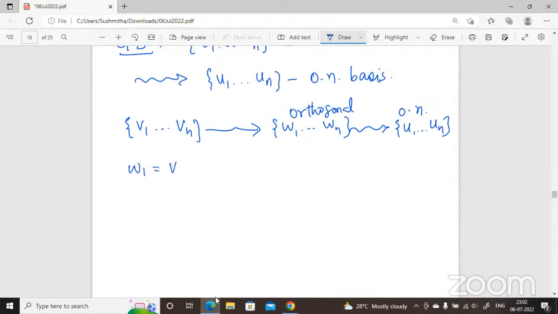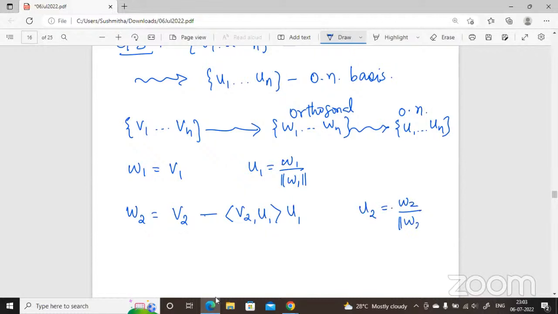So W1 is V1. This is already orthogonal, so to make it orthonormal, I just have to divide by the norm: U1 is W1 by norm of W1. W2 is V2 minus the projection of V2 on U1, in the direction of U1. And U2 is W2 by norm of W2.